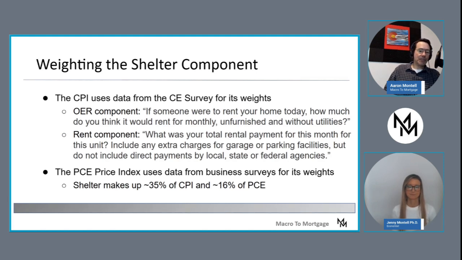And also, going back to the OER, we researched this, and it's not easy to find this information. We listened to several employees of the BLS speak about it, and they did say in regard to the OER, yeah, some people just don't have an answer when they ask them that question about how much they can rent their home for, and in that case, the BLS has a process by which they estimate it for them.